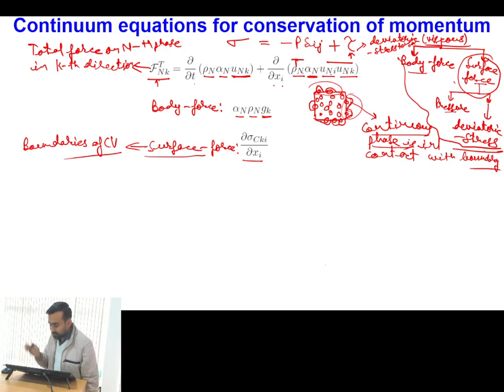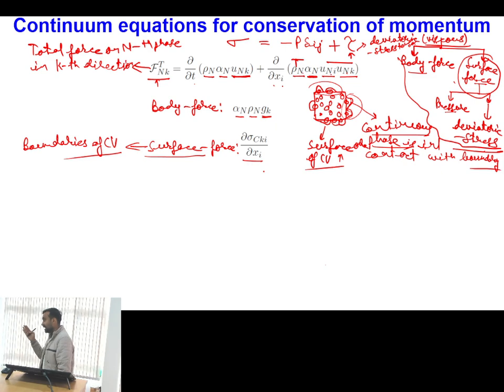When we are making this assumption, the surface area of the control volume is slightly increasing. But this increase in surface area is negligible in comparison to the original surface area of the control volume, because we have chosen the size of the control volume in such a way that we can have a finite number of particles within it. So the individual particle size will be very small in comparison to the overall size of the control volume.